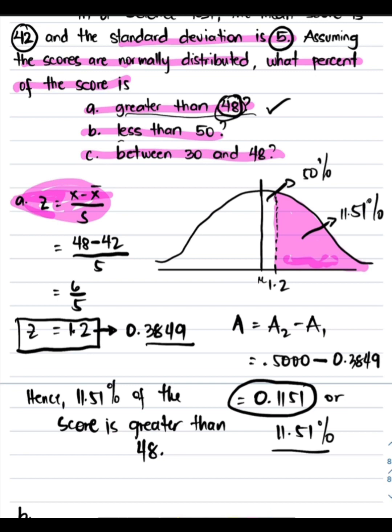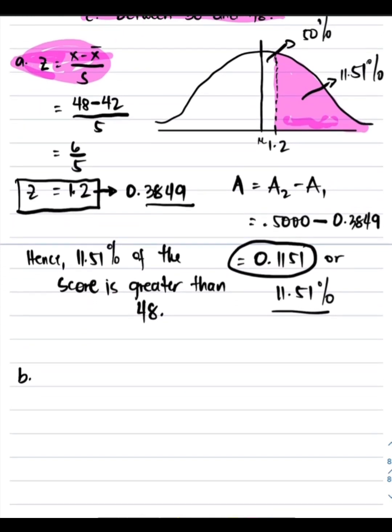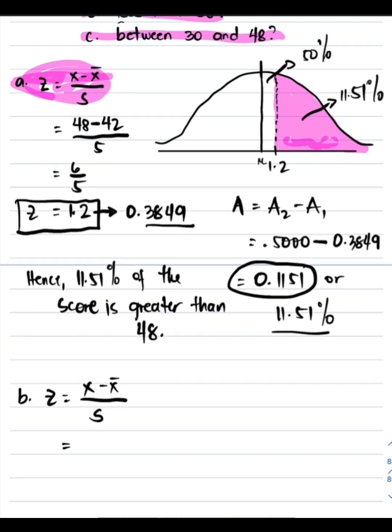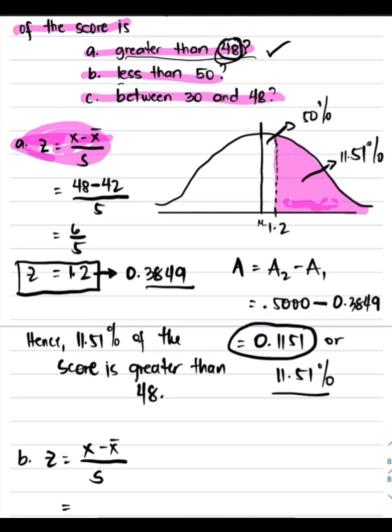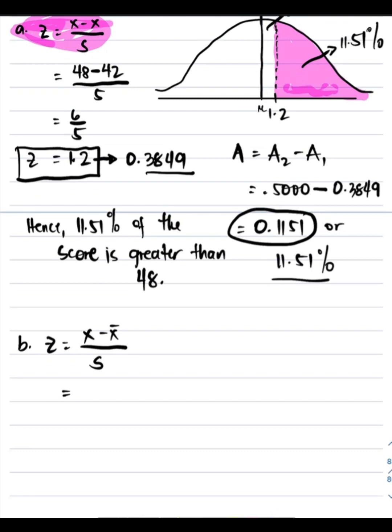less than 50. So, first, we need to find the value of z equals x minus x bar, or sample mean, over standard deviation. The value of the mean is still the same, that is 42. But the observed value for letter B is 50.